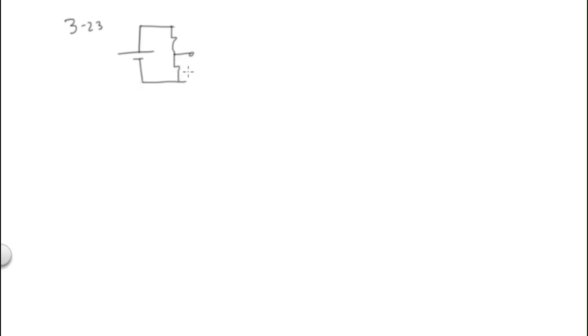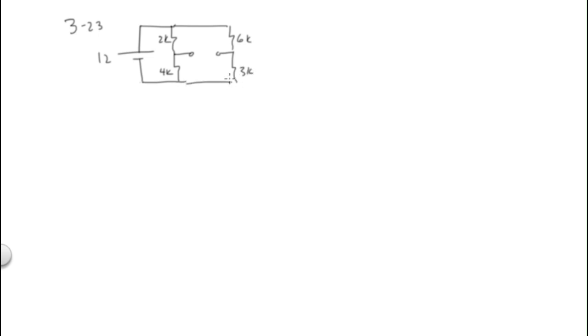And I can do that, can't I? I've got 12 volts, and I've got 2K, and I've got 4K, and I'm going to cut that resistor out, and over here I've got 6K, over here I've got 3K.